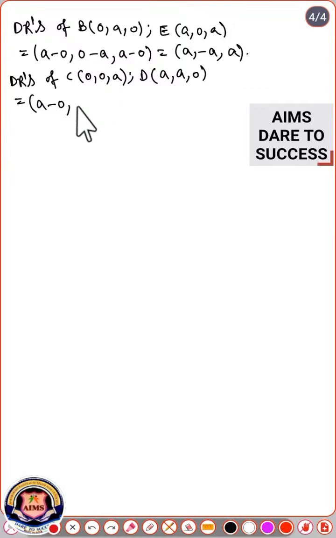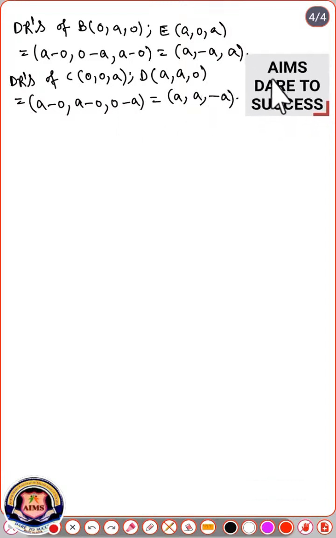Next, B2 minus B1, A minus 0. C2 minus C1, 0 minus A. So my dears, A minus 0 is A, 0 minus A is minus A. So the 4 diagonals' direction ratios are completed.